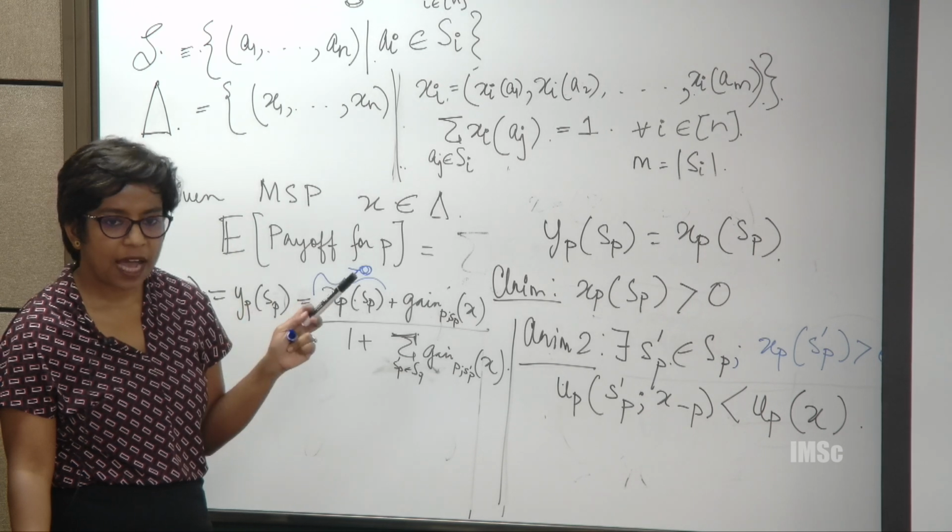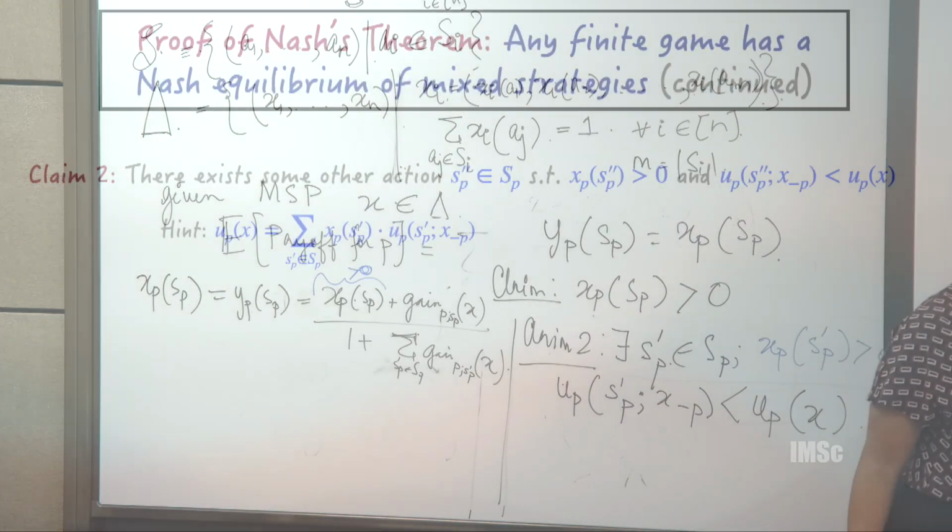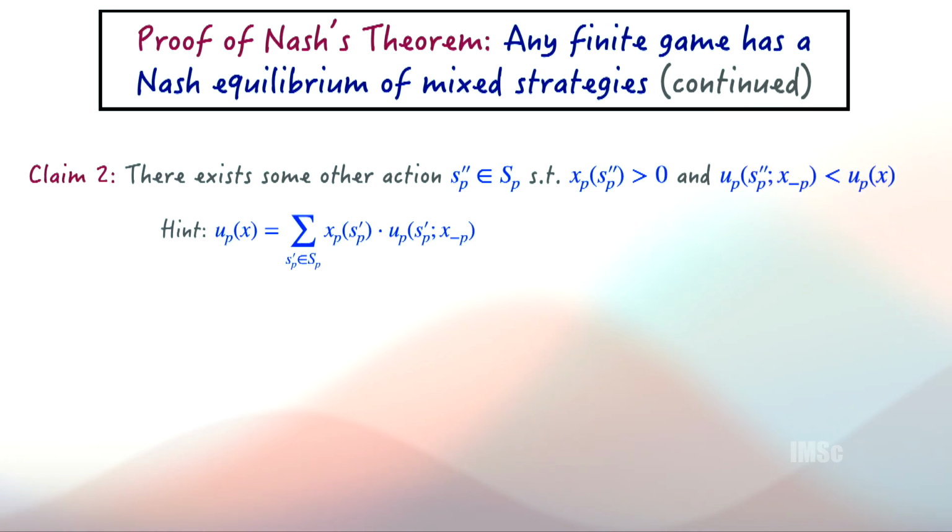Yes. So I go back to my utility function definition of this. This is the definition, right? The payoff from x. That strategy SP is a term in this summation, where XP SP is greater than 0, and this quantity UP SP x minus p is of greater value than this whole thing UPX. So you have a term here that makes this side more than the left hand side.